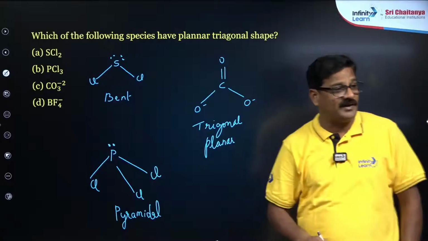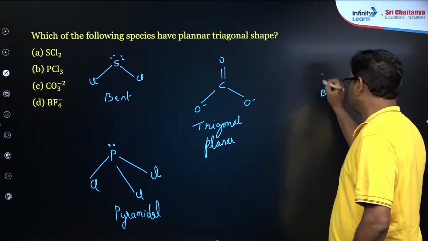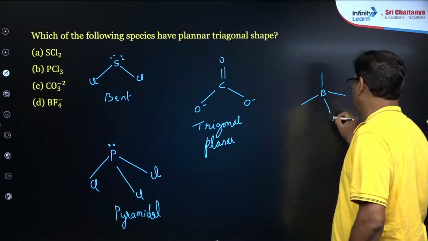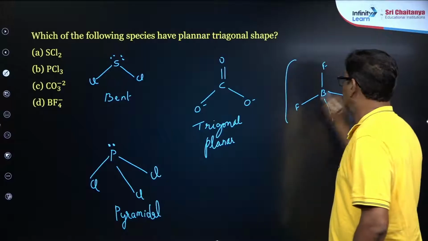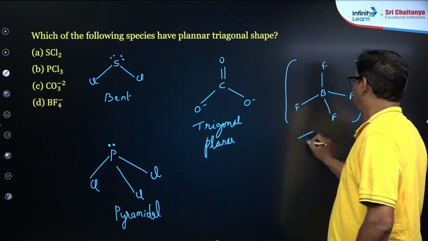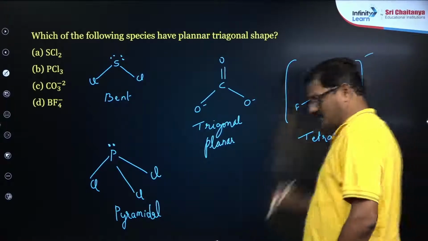Whereas BF4 minus, Aditya, you correct yourself: boron tetrahedrally with fluorines, and it is going to be minus. It is tetrahedral.